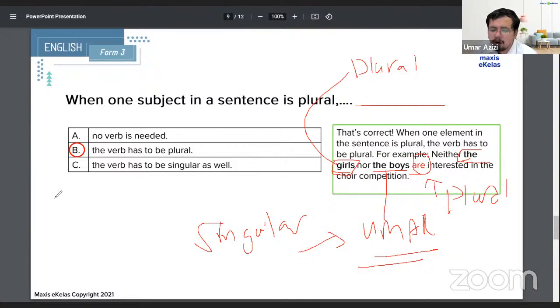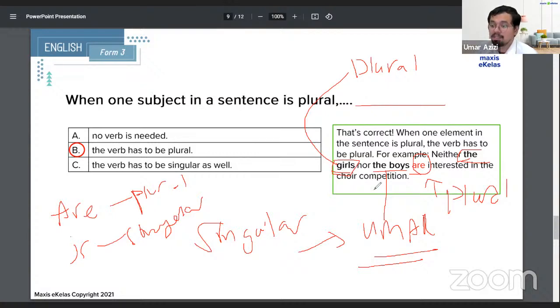But teacher, what's the singular form of are? If are is the plural, what's the singular? Is. So to change it to singular form: neither Uma nor Fika is interested in the choir competition. So that's the singular form of the sentence.